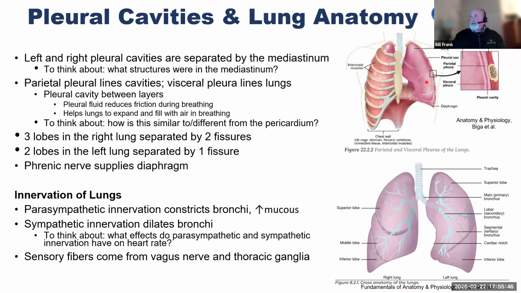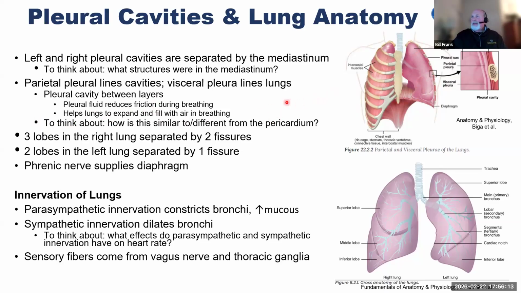line both the outer part of the lung and the inner part of the wall of the thorax, and even the diaphragm, the mediastinum, and even the cervical part here has a parietal layer. So the pleural cavities between layers provide fluid to reduce friction during breathing, and it helps lungs to expand and fill with air.